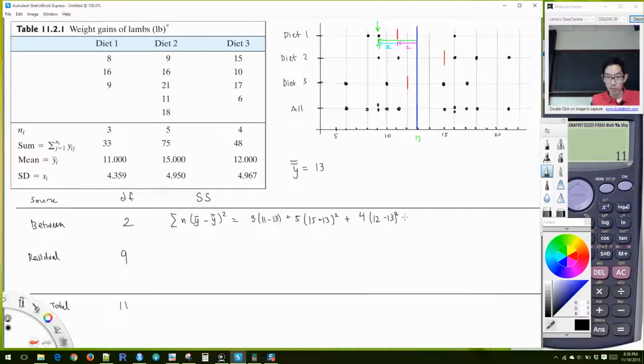So this ends up being 3 times 4 plus 5 times 4 and 4 times 1, right? 2 squared, so we get 38. Now let me rewrite this, sorry, or just slide this down over so I don't run out of space.